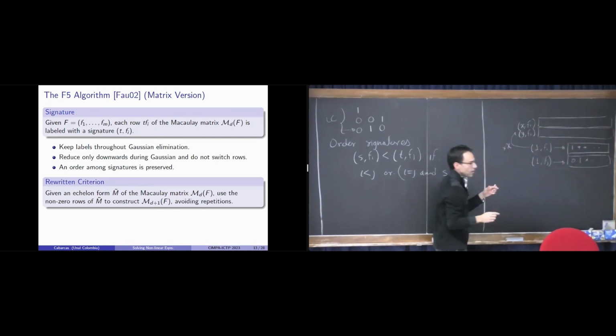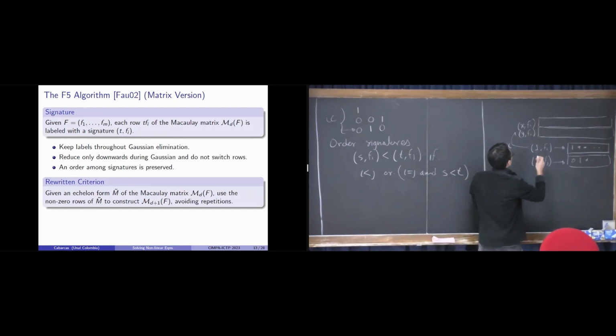Now, when I say avoid repetitions, what I mean is you have to be careful that when you go to the next degree, you don't do the same thing twice, right? So if we multiply this one by y, we get x y Fi.